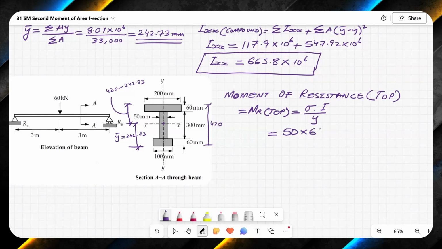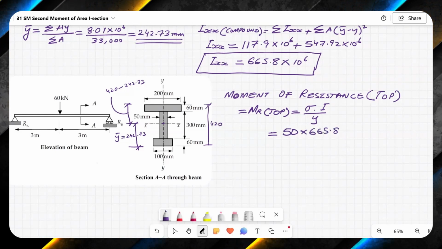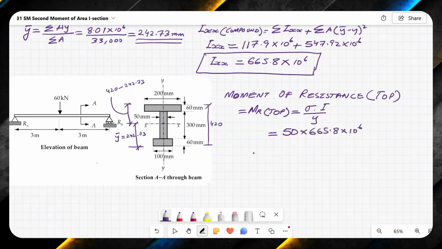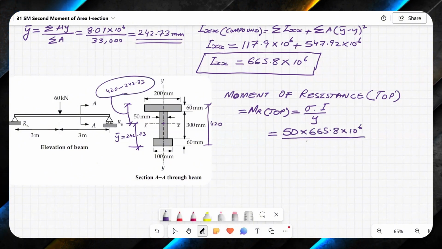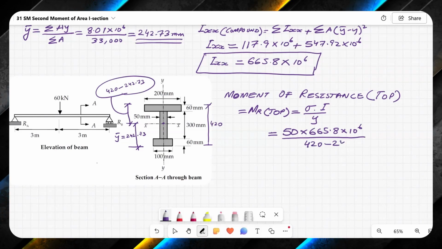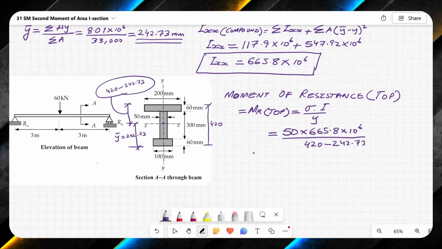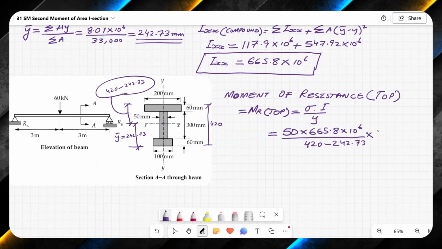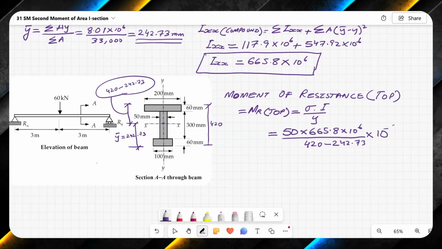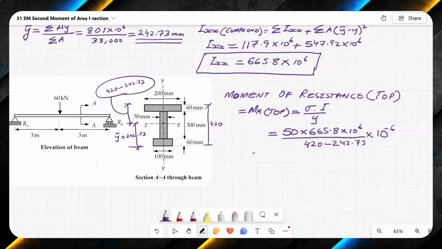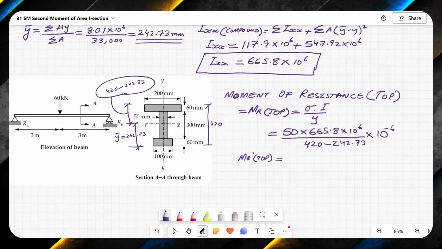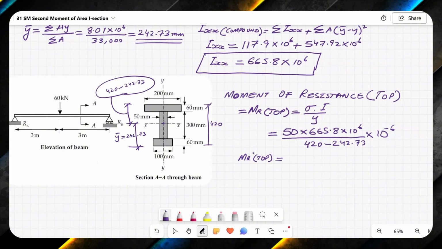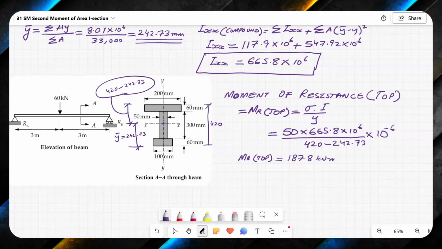I we just found out, 665.8 into 10 raised 6. Y for top is this value, 420 minus 242.73, and I want to convert this entire bit into kilonewton meters, so that's why I will multiply with 10 raised 6. This will give me MR top. Let's see what value we get. I'm getting 187.8 kilonewton meter.